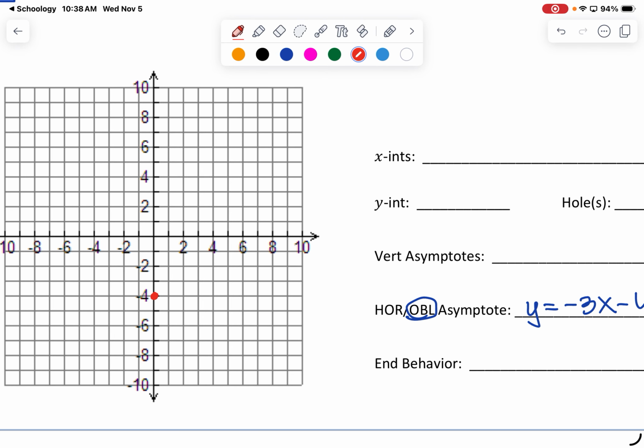So I'm going to go down 3, right 1, up 3, left 1, and so on. And then I'm going to connect these with a dashed line, because remember, asymptotes are dashed lines.